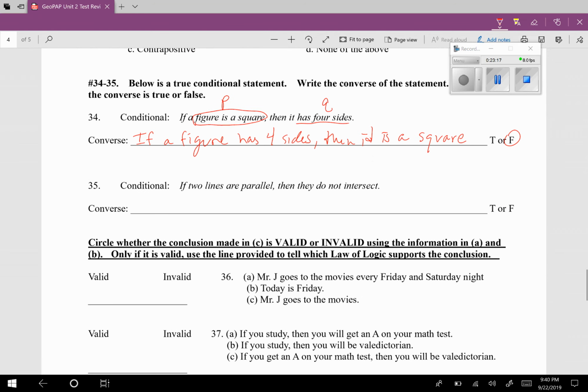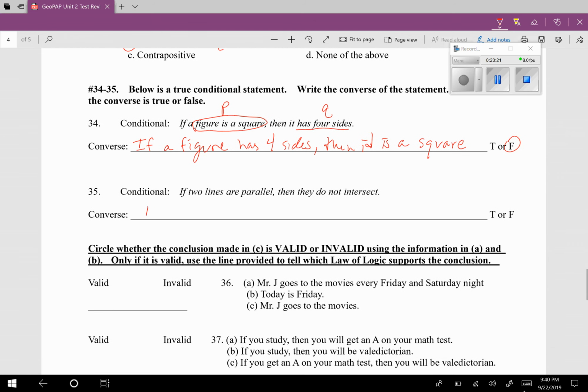Conditional. If 2 lines are parallel, then they do not intersect. So if 2 lines do not intersect, then they are parallel.